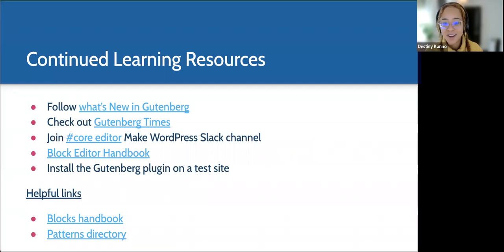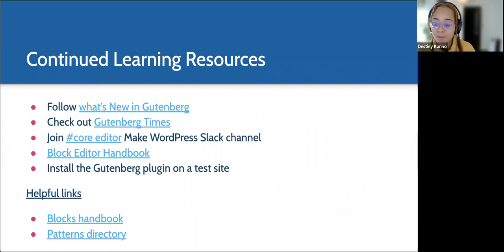I wanted to share more resources with you all. I already shared what's new in Gutenberg in that preview, so definitely follow that. If you're a Gutenberg head now, you'll see the most recent updates and what they're working on there. There's also a publication called the Gutenberg Times, which sources information from the community about Gutenberg. I believe there's a podcast as well.